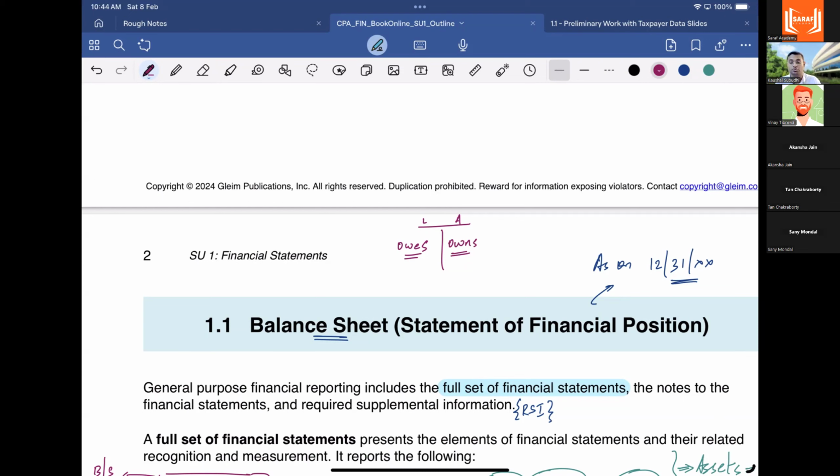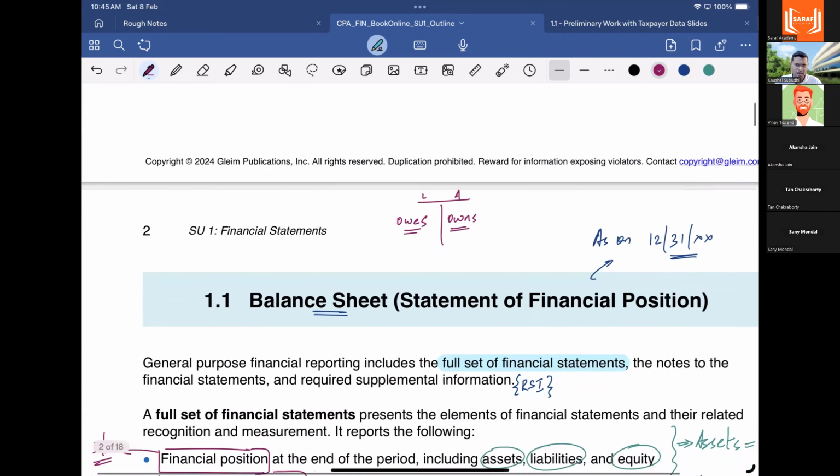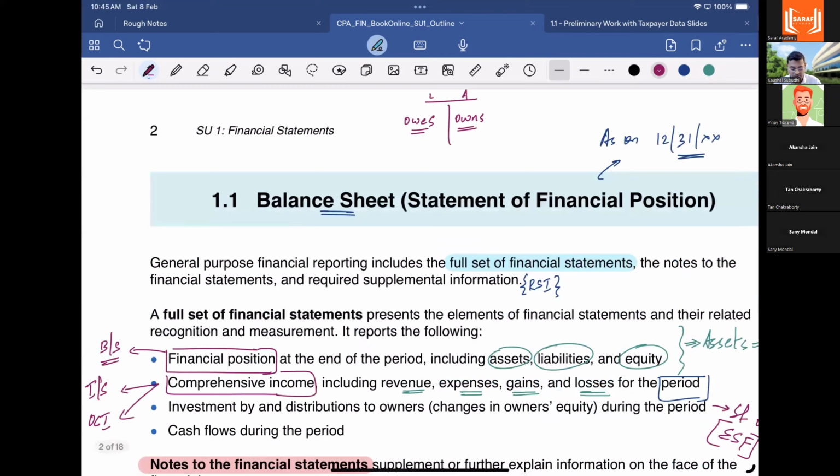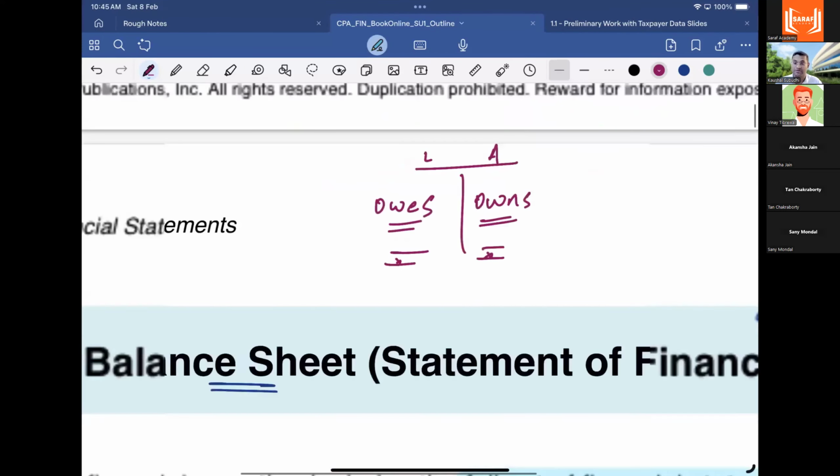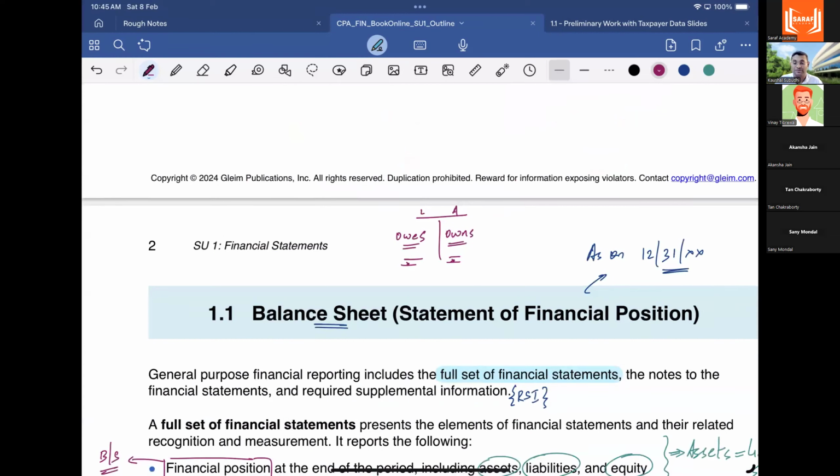It should be equal to what you own. कि आप जितना own करते हो, ठीक है ना, that should be equal to what you owe, right? That's where your liability should be equal to your assets. And when you balance it together, it should be the same dollar figure, right? You can't say that in case my assets are more than my liabilities and equity, my balance sheet is balanced. It's an unbalanced balance sheet, right?